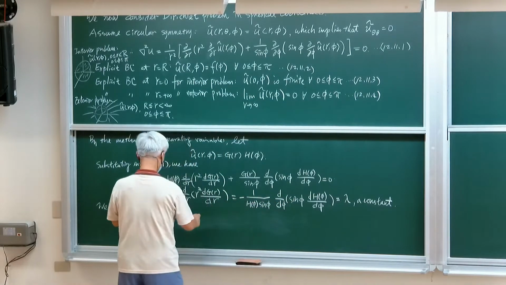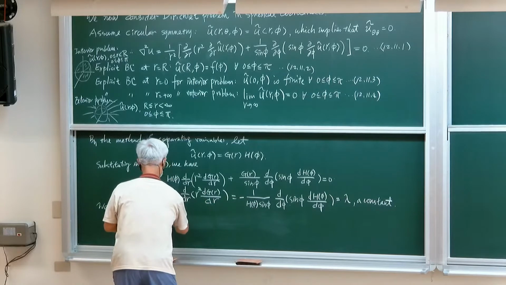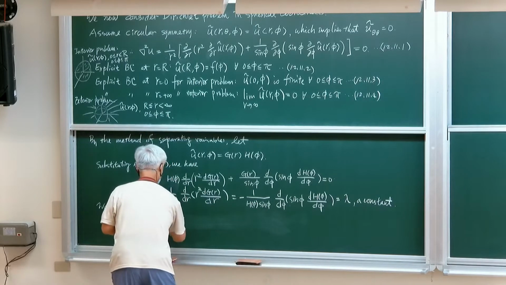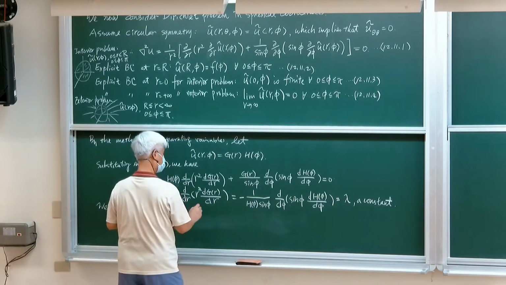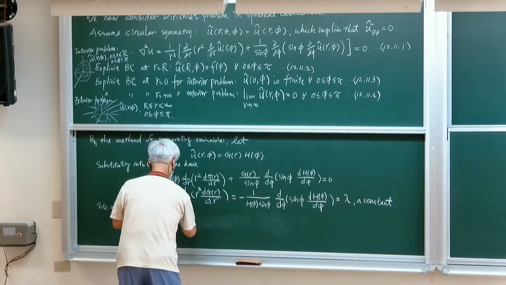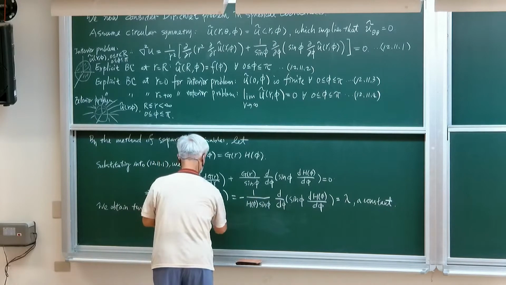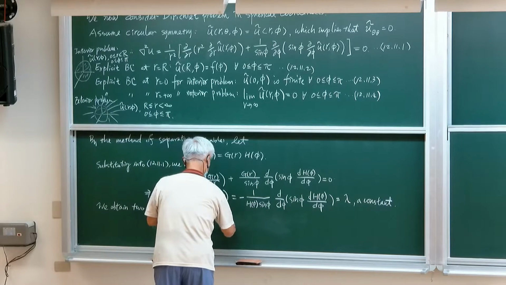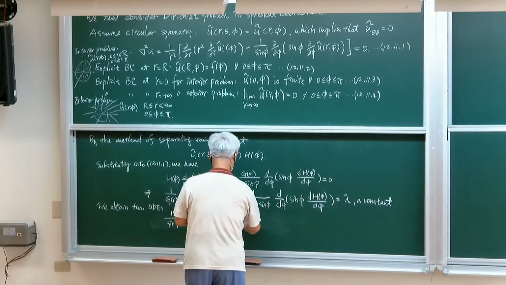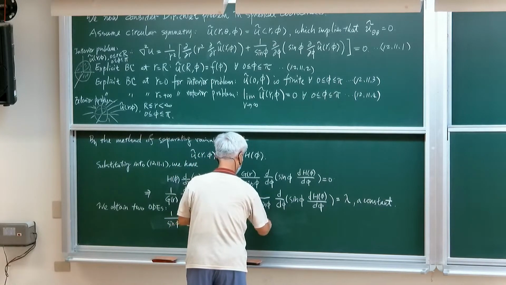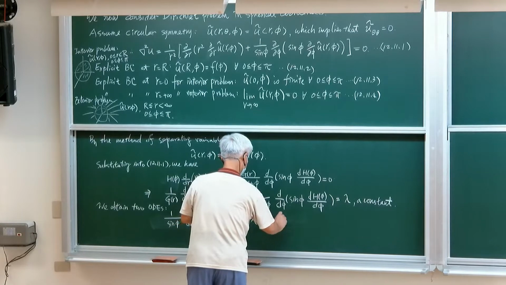So we have 1 over sine phi, d/d phi of sine phi dh/d phi, plus lambda h(phi) equal to 0.